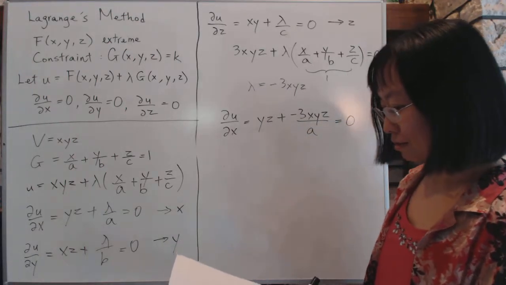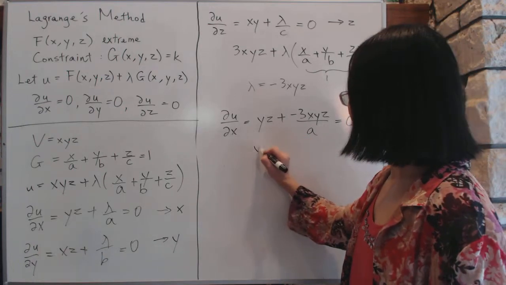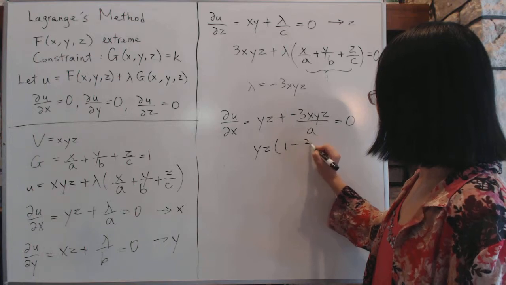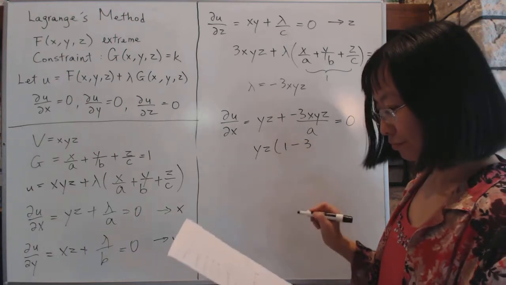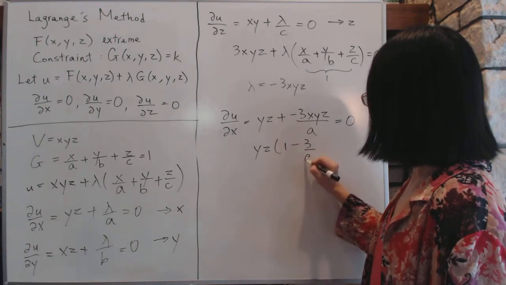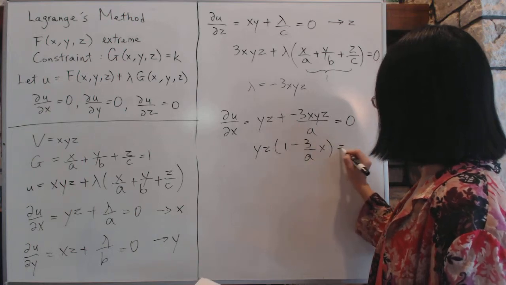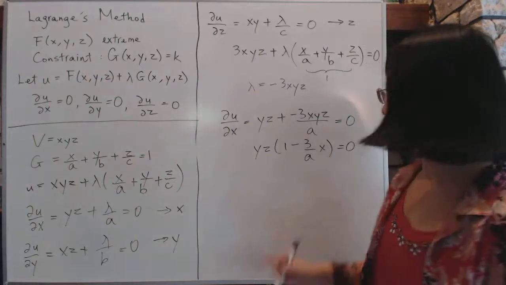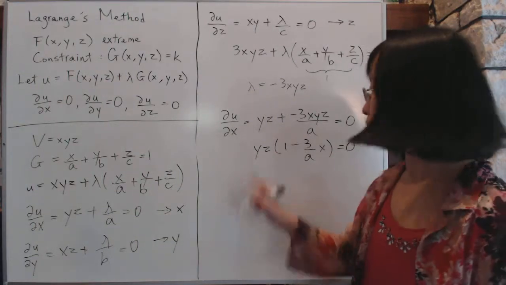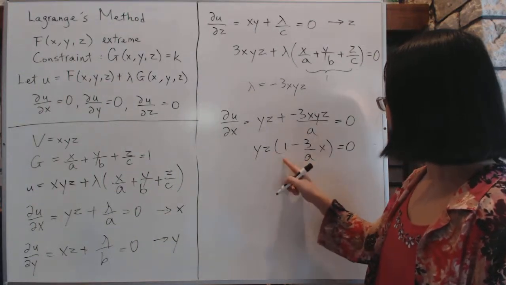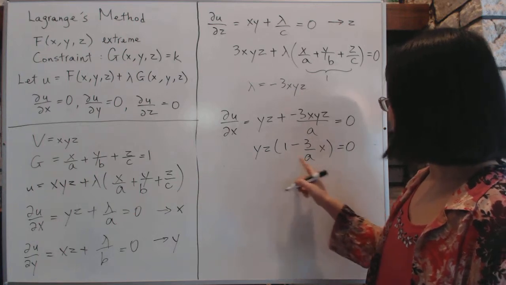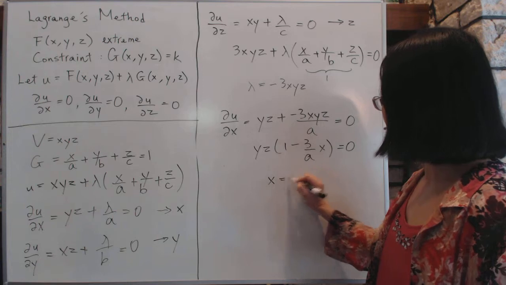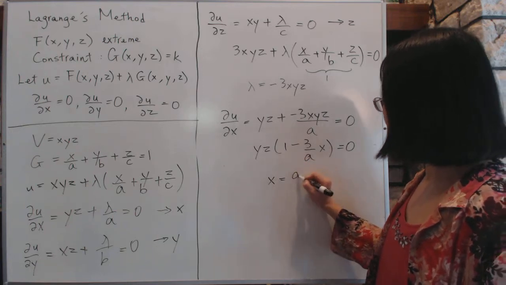Rewriting this, we have yz times (1 minus 3x over a) equal to 0. Now, because we're maximizing xyz, we don't want any of this stuff to be 0. y and z cannot be 0, which means this has to be 0. And if this is 0, you can solve for x: x equals a over 3.